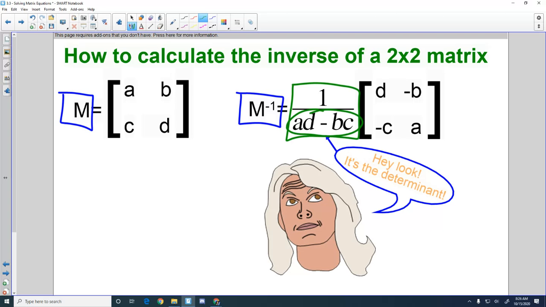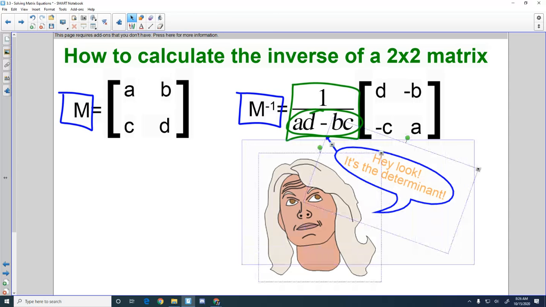And I put my little dude there helping me out, saying, hey, look, it's the determinant, right? A times D minus B times C is that crisscross applesauce. So this first part is really the reciprocal of the determinant. You take 1 over the determinant, all right, for this inverse.